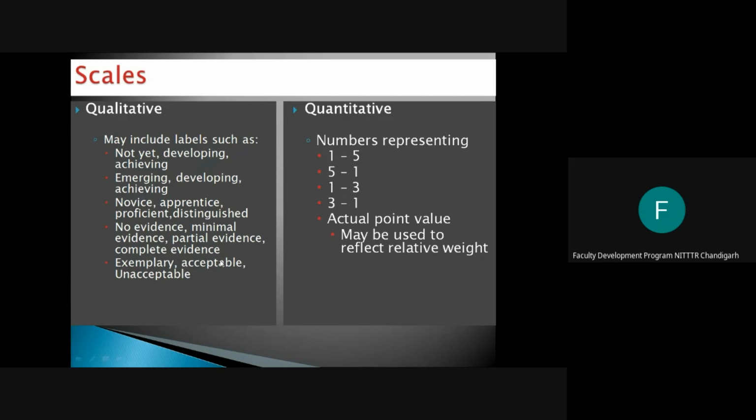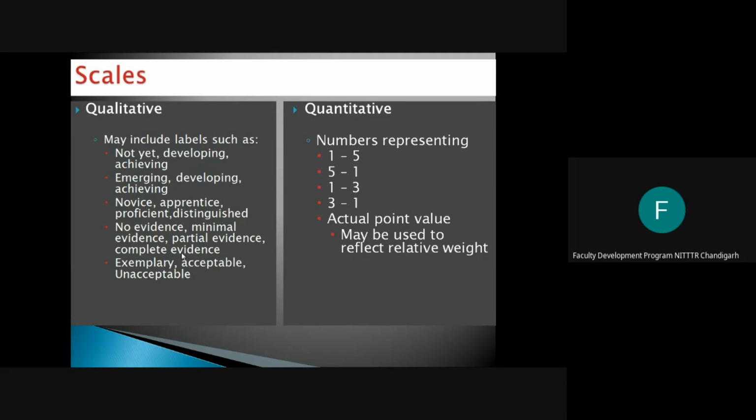Another scale I'm showing here is no evidence, minimal evidence, partial evidence, complete evidence. No evidence means no proof that you have become proficient in speaking, no proof that the student can read effectively, no proof that the student can listen effectively.